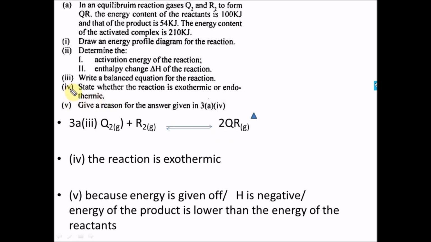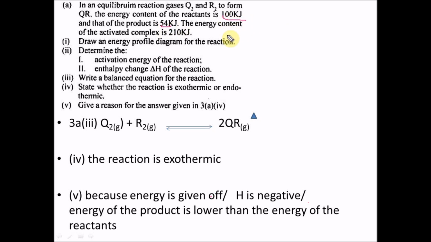Part IV says state whether the reaction is exothermic or endothermic. It is exothermic. Why do we say that? Because energy is given off. Our delta H is negative, we got a value of minus 46 kilojoule per mole. Also, the energy of the product, 54 kilojoule, is lower than that of the reactant, 100 kilojoule.